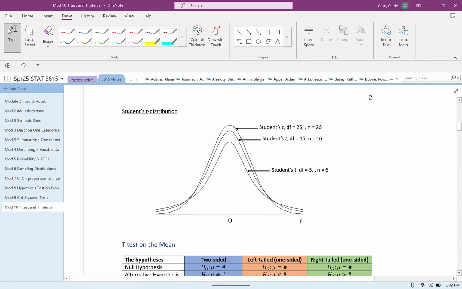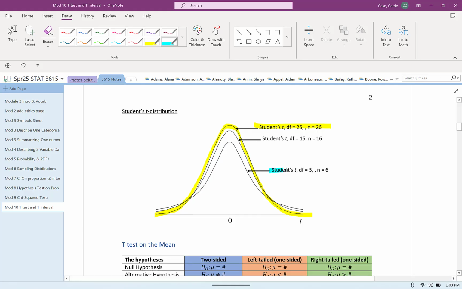All right, so here's what this t distribution looks like. We have 3 different curves, and each of these curves is associated with a sample size, and I'm just going to highlight a couple of them. So when sample size is relatively large, let's say n is 26 and degrees of freedom are 25, we have this graph that's the tallest and the narrowest, and I'm highlighting it in yellow.